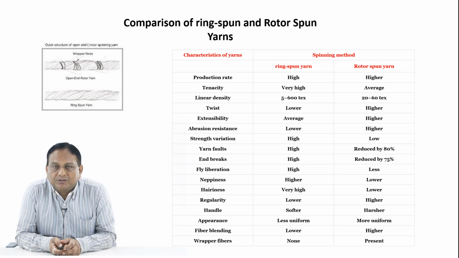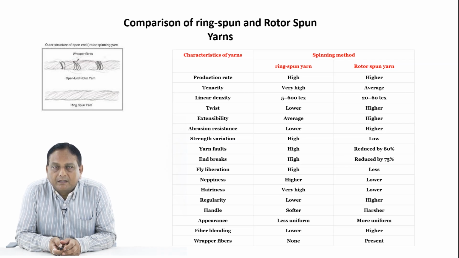Similarly, fly formation is high in ring spun yarn and low in rotor spun yarn. Hairiness and nappiness are also higher in ring spun and lower in rotor spun yarn. Handle is softer in ring spun yarn, but in rotor spun yarn it is a little harder.